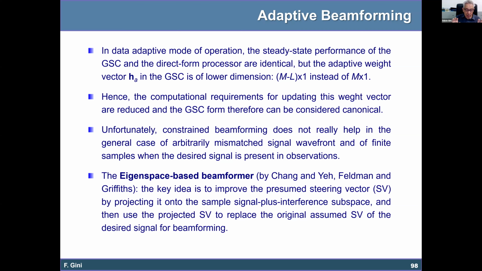This allows the beamformer to converge faster, because the number of snapshots that we need is proportional to the size of the impulse response of the beamformer. And so if the impulse response of the adaptive beamformer is m minus L, which is smaller than m, the convergence is faster. Or in other words, we need fewer snapshots to achieve close to optimal performance.